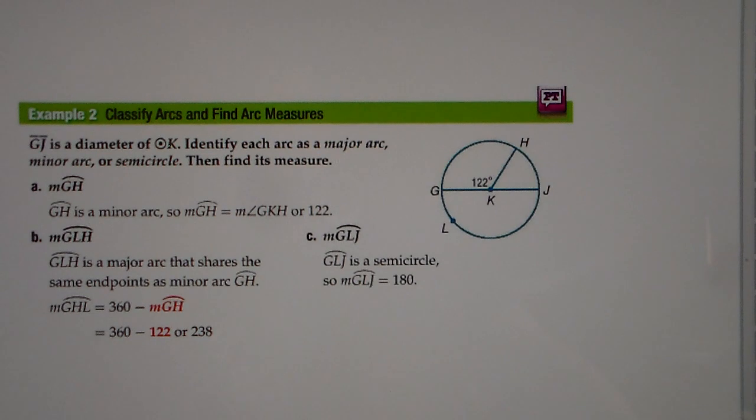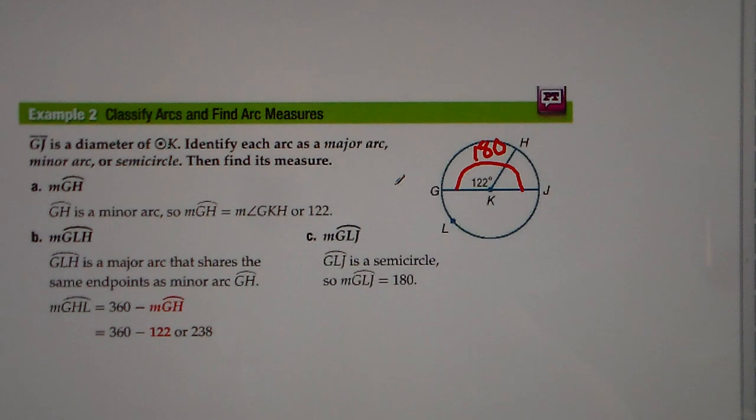Alright, let's do some problems with that. They're saying that GKH is 122 degrees. The J is the diameter, so this arc right here is 180 degrees, because we know the diameter chops the circle in half.